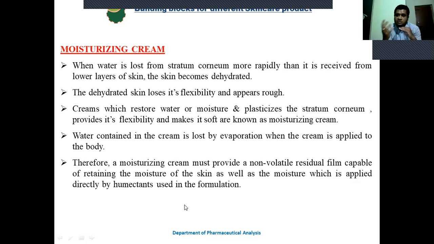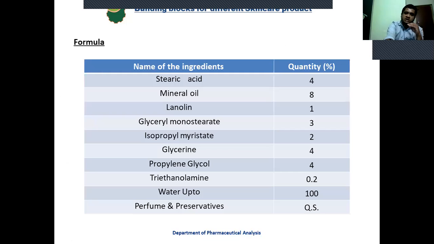So it will not be lost, it can't evaporate. That's why the water will remain in the stratum corneum only. And whatever humectant is present in the cream also gives some moisture to the skin. So this is one type of formula, a moisturizing cream.